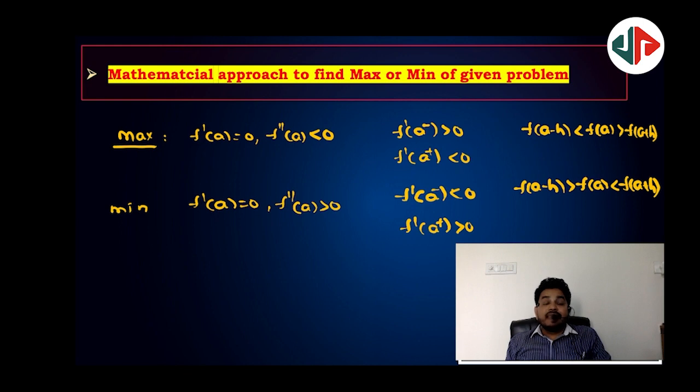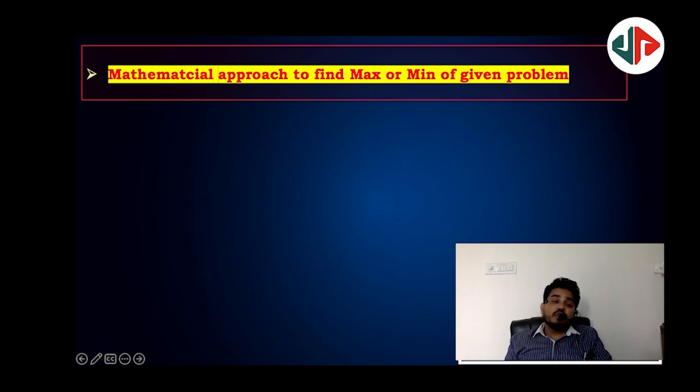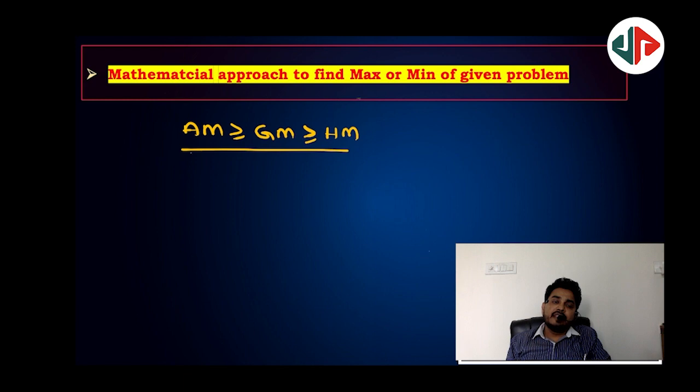After this there is one more thing that most of the times we use. What is that? Arithmetic mean is greater than or equal to geometric mean, which is greater than or equal to harmonic mean.